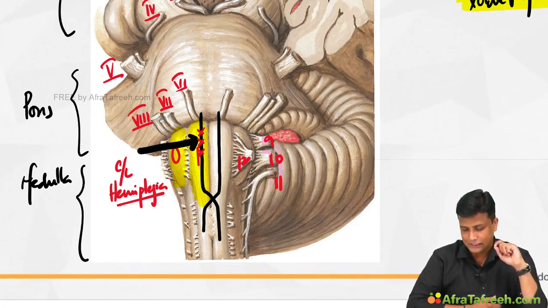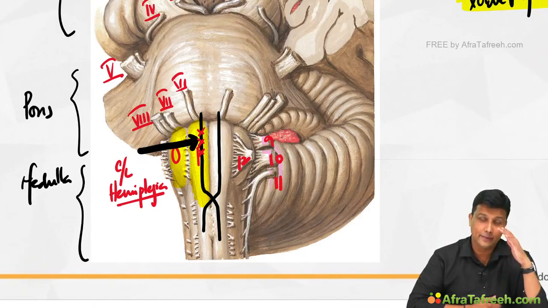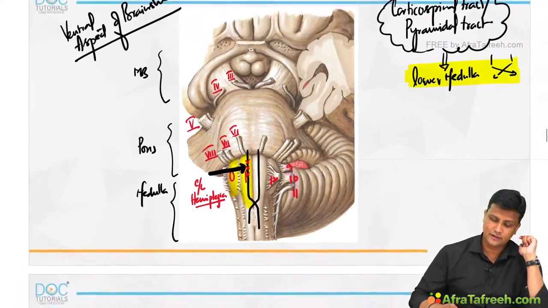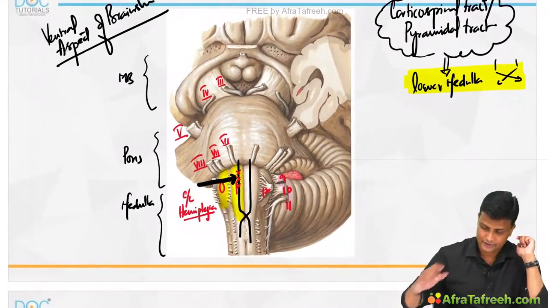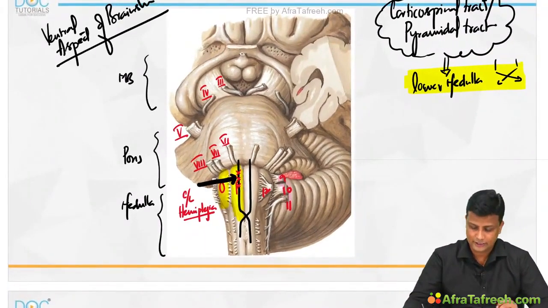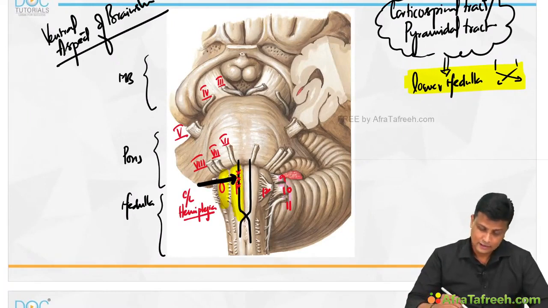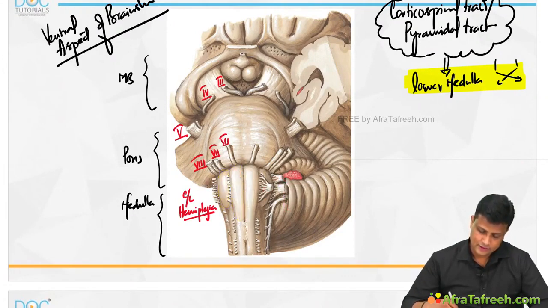Yes, it will lead to contralateral hemiplegia, because crossing will take place in the lower medulla. That was the question given in the recent exams, 2019, 2020. The AIIMS examiner is very much interested in the pyramidal tract. Done. That is one thing. Now one more thing I'll tell you here. I hope you all have learned about the circle of Willis.